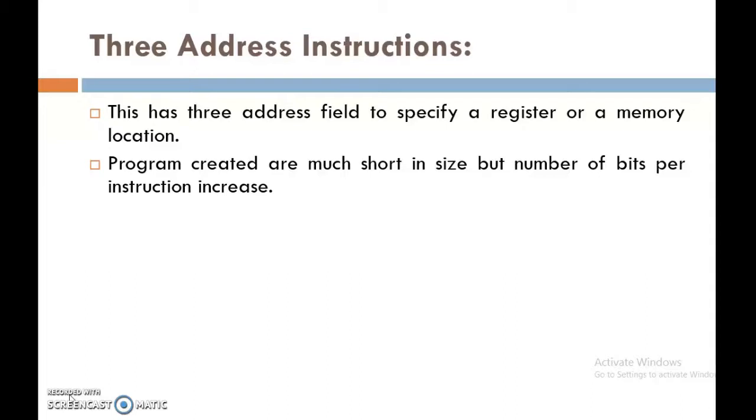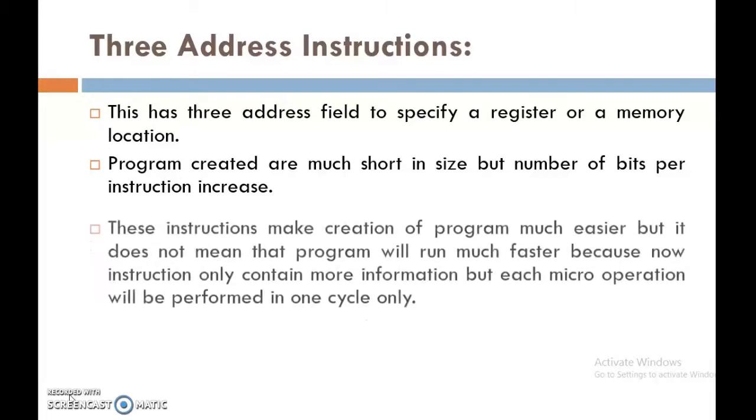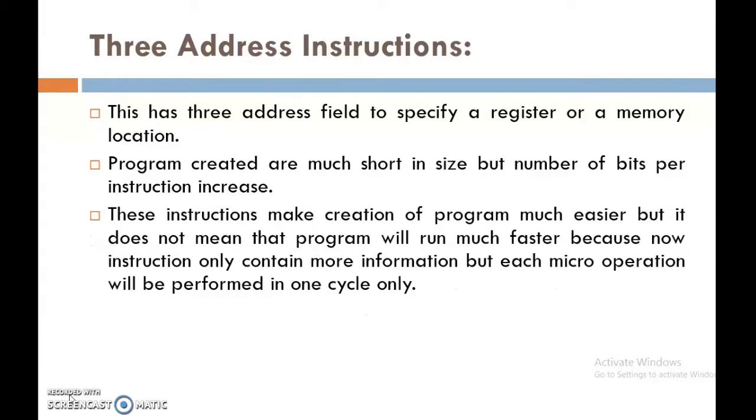So the size of the program is shortened. These instructions make creation of a program much easier, obviously, but it does not mean that the program will run much faster, because the instruction only contains more information, but each micro operation will be performed in one cycle only.